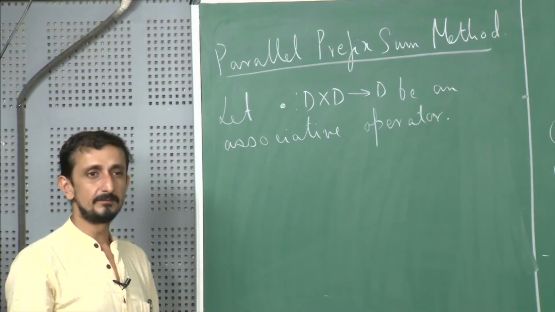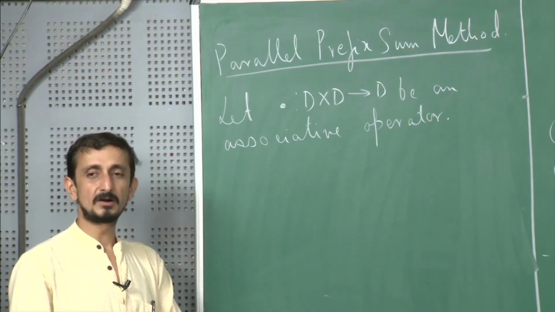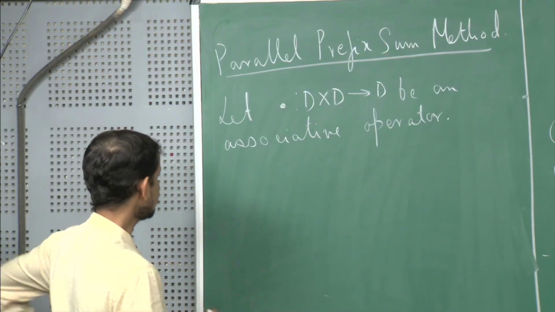Associative means that (x dot y) dot z is the same as x dot (y dot z). Okay.